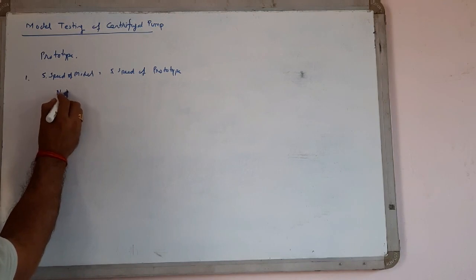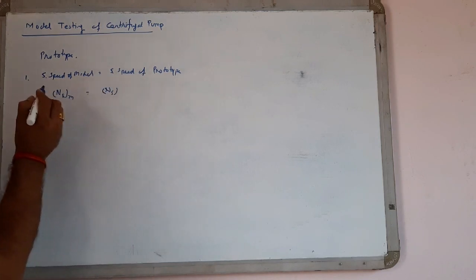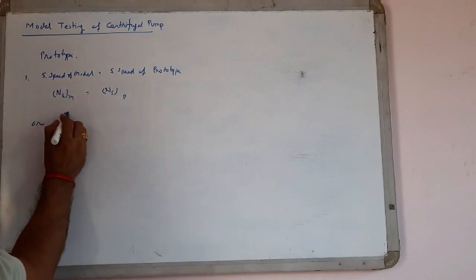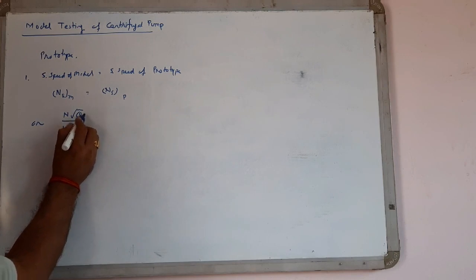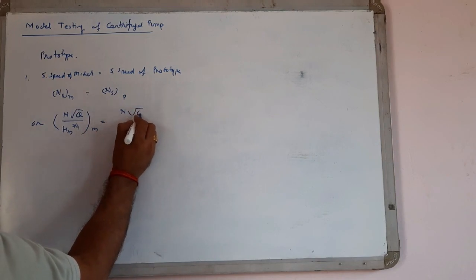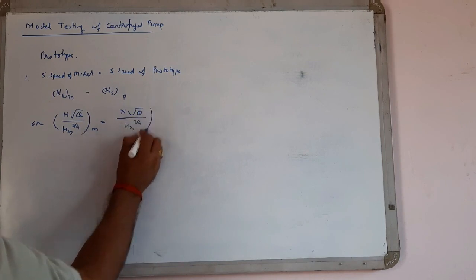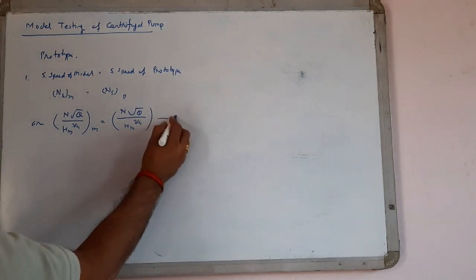That means NS of model equals NS of prototype, or N root Q by Hm to the power 3 by 4 of model is equal to N root Q by Hm to the power 3 by 4 of prototype. This is the first equation.